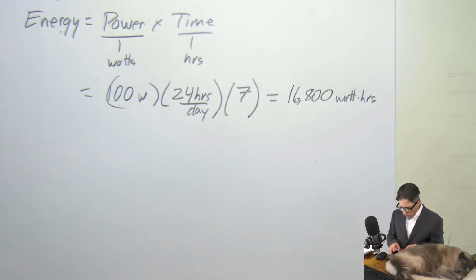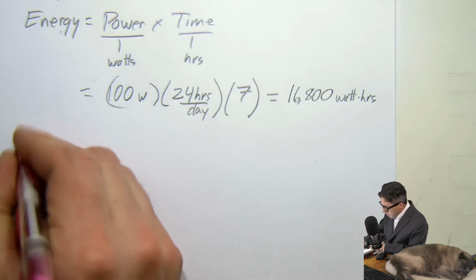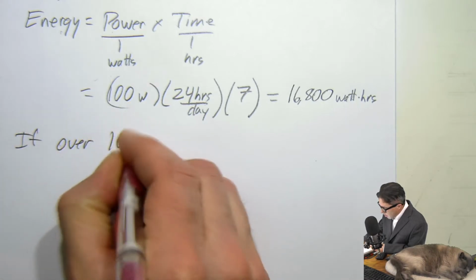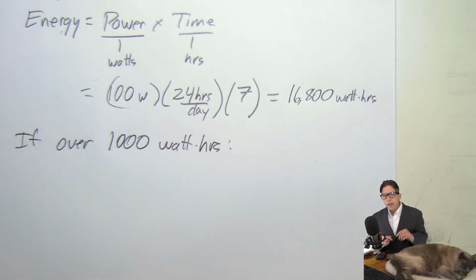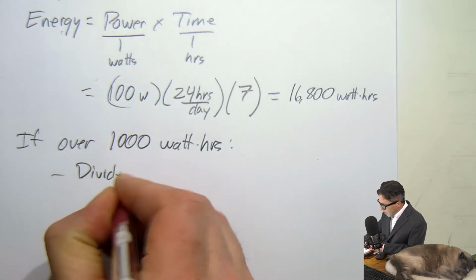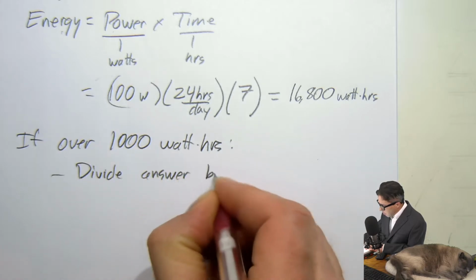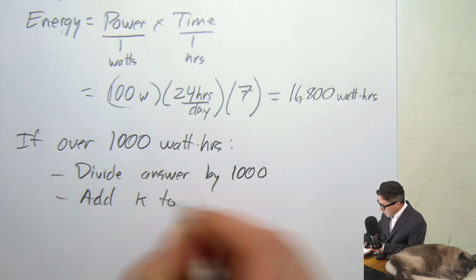Now, if you have over 1,000 watt hours, we're gonna alter that unit a little bit. Okay, if I have over 1,000, the convention that we do is we divide by 1,000 and add a K in front of it. So if I have over 1,000 watt hours, I'm going to divide the answer by 1,000 and then add a little K to the unit.